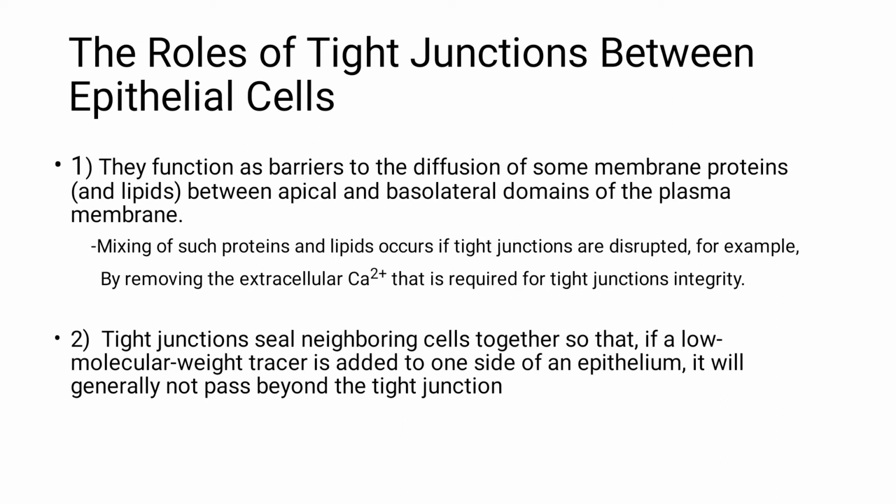Tight junctions in the epithelium lining the small intestine, for example, are 10,000 times more permeable to inorganic ions such as sodium ions than the tight junctions in the epithelium lining the urinary bladder. These differences reflect differences in the tight junction proteins that form the junctions.